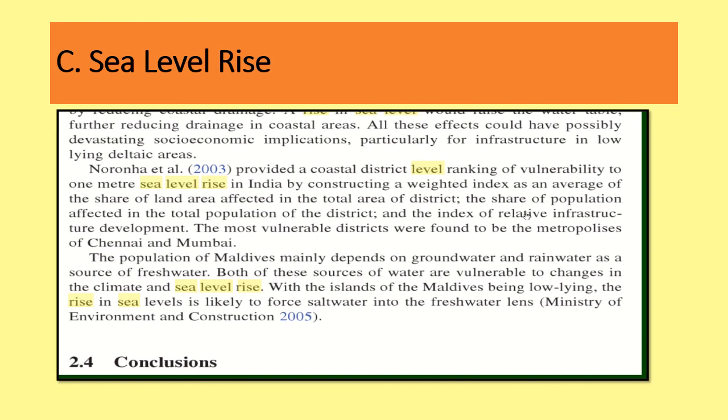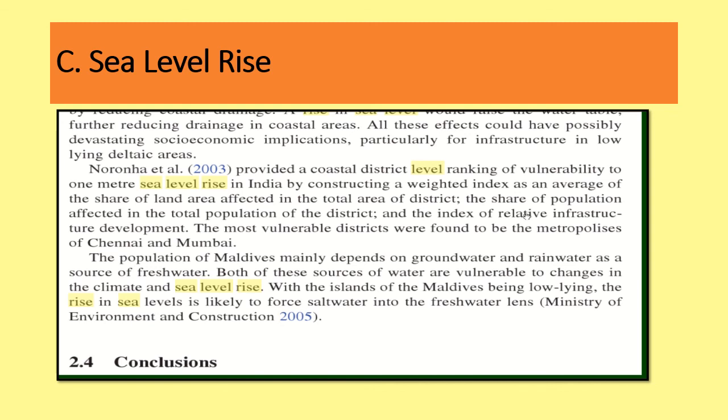It will destroy the freshwater sources in low-lying areas like the Maldives, and it will submerge a vast tract of land in the low-lying areas of Bangladesh, even in the coastal zones of Mumbai and Karachi, and it will increase the intensities of cyclone and super cyclone in the coastal zone.